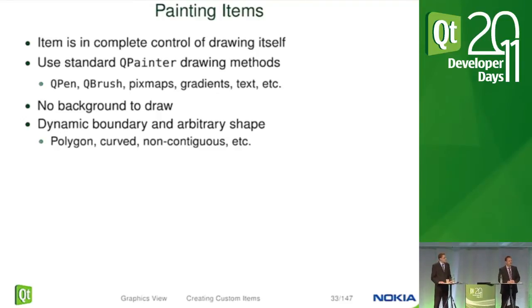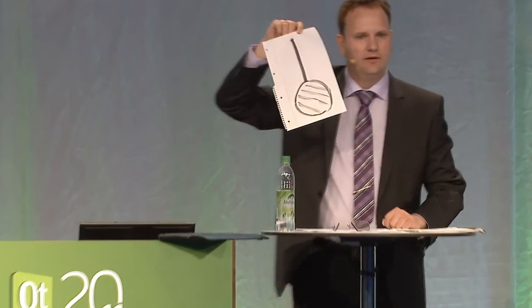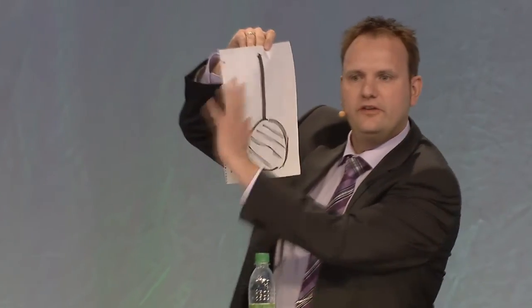And what's the consequence of that? That QGraphicsView does not know that you painted there. So if I'm painting outside of the item, QGraphicsView will not make sure that when my item is moving away from that area, it should repaint what is underneath.